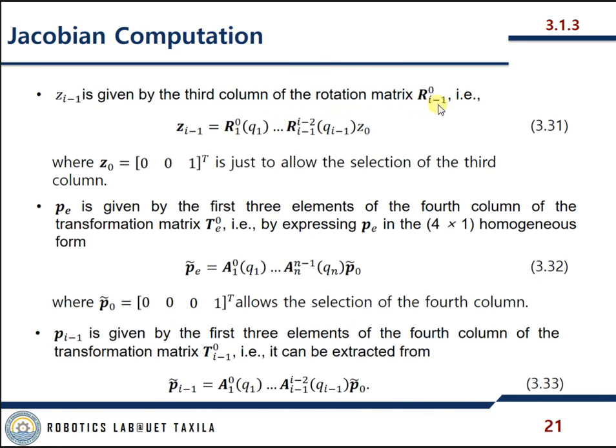So if you're moving from i-1 to 0, z i-1 is the third column, where z 0 is just to allow the selection of the third column. p e is given by the first three elements of the fourth column of the transformation matrix T e 0. If you end up having some matrix, the first three elements of the fourth column allow the selection of the fourth column, and p i-1 is given by the first three elements of the fourth column of the transformation matrix T i-1 to 0. So this one again is just to allow the first three elements of the fourth.